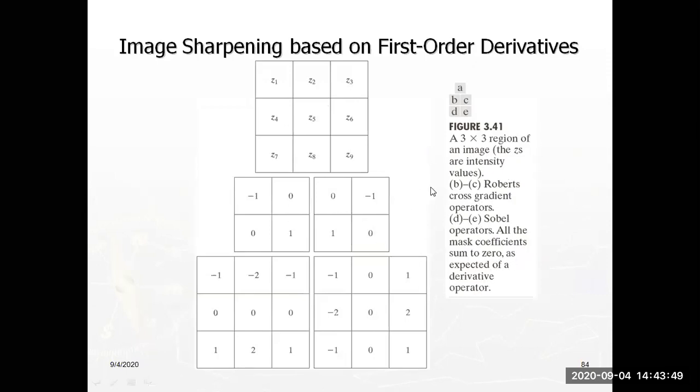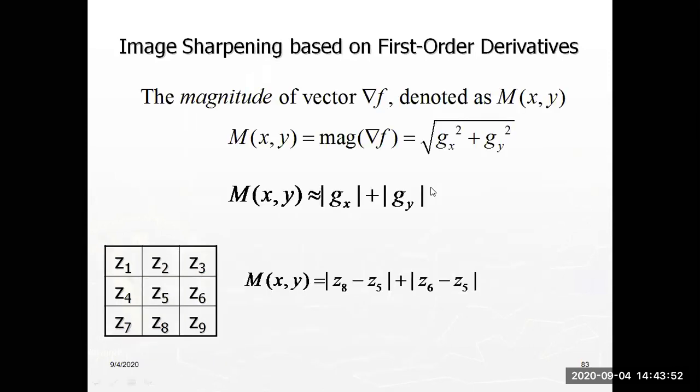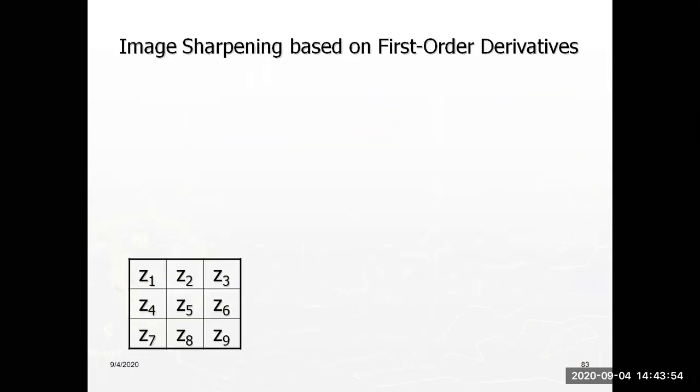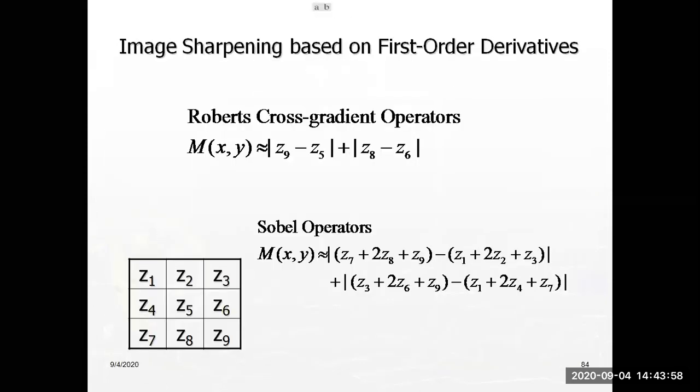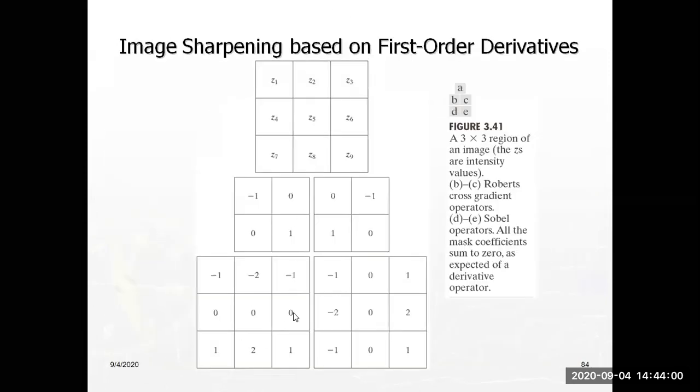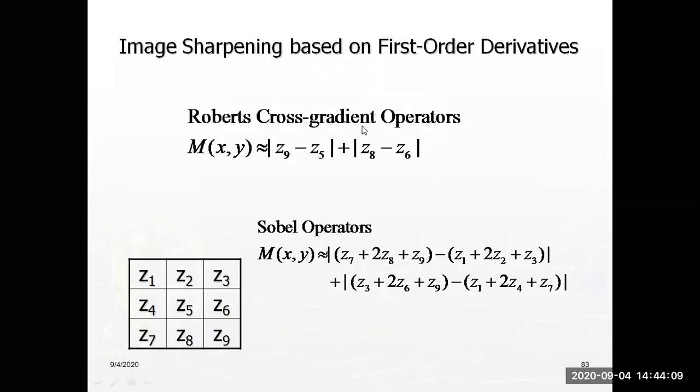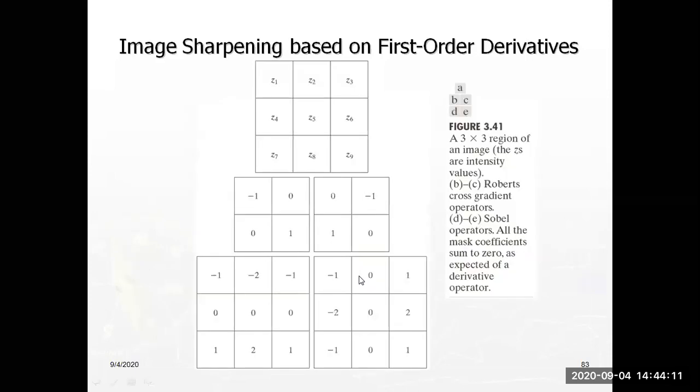Based on these expressions, these are the Roberts cross gradient and Sobel operators. The masks: the first two, B and C, are the Roberts cross gradient. Next, D and E are the Sobel operators.